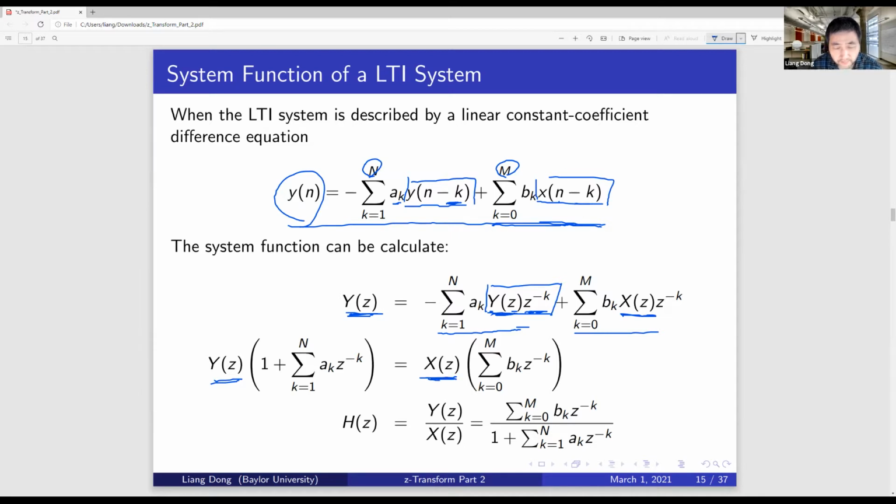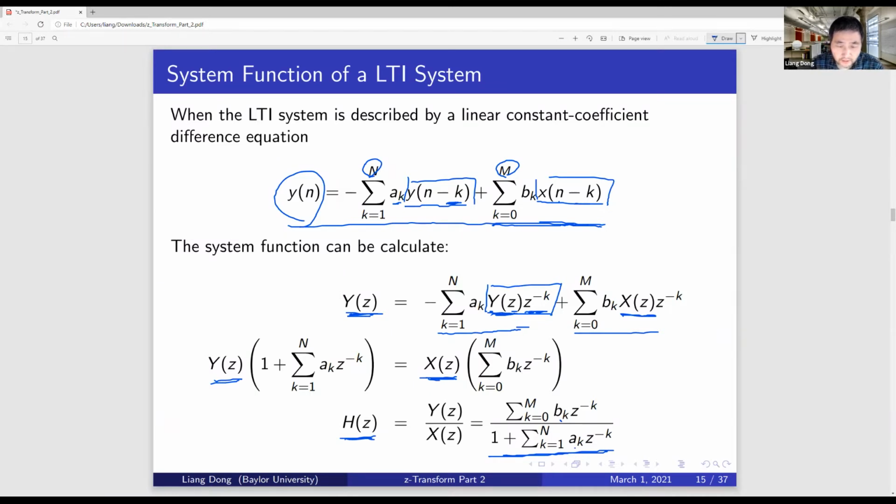Then I can very easily write out H(z) equals Y(z) over X(z), and then bring this parenthesis to the right of my equation. We have this term. And this is only a format of coefficients b's and a's. There is no y or x, there's no h in it. All this H(z), the system, is on the left of my equation. Okay, so we simply calculate that.